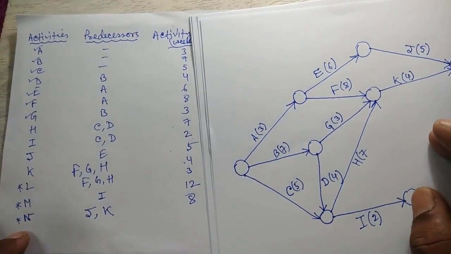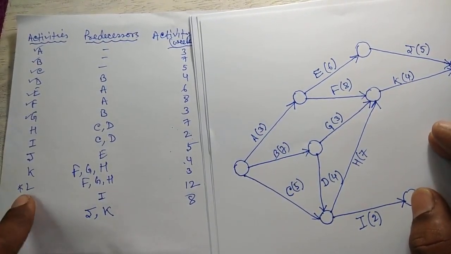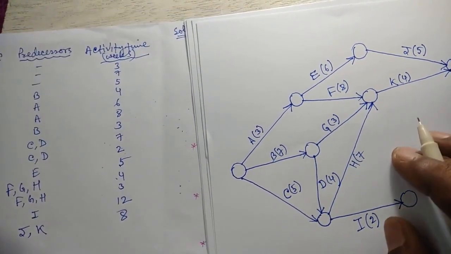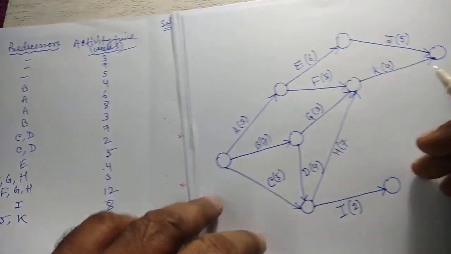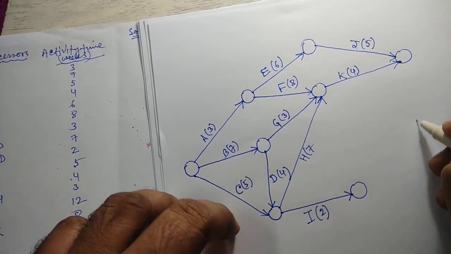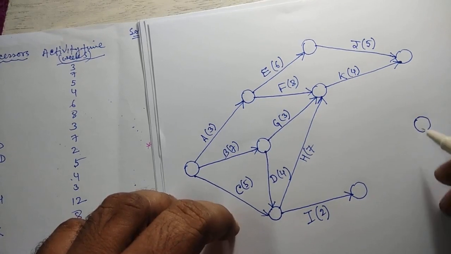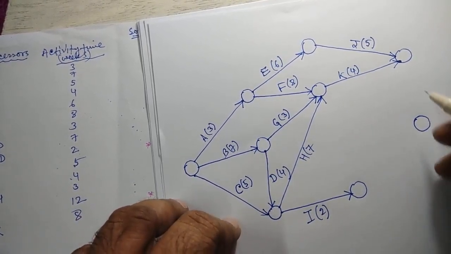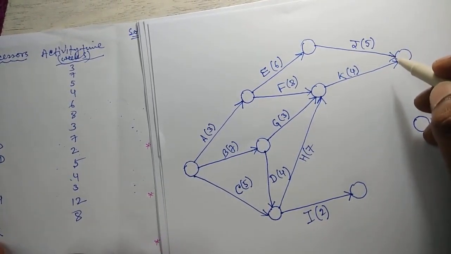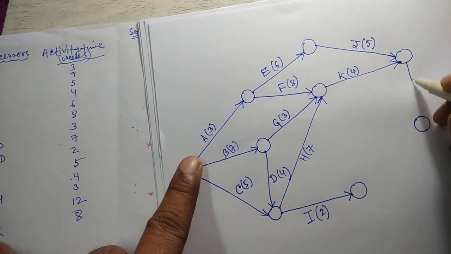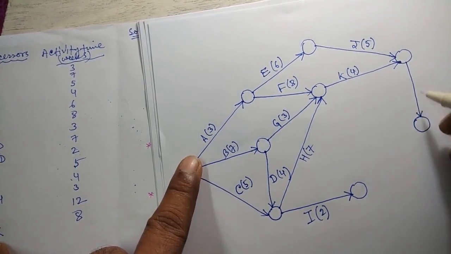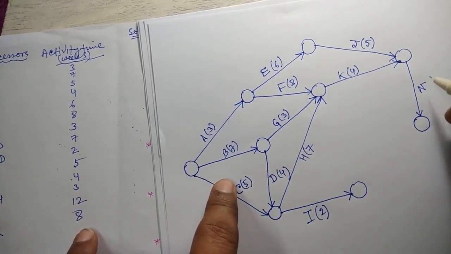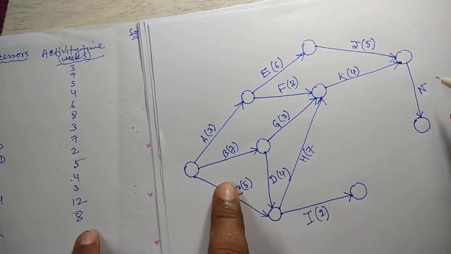Now L, M and N, these activities are ending activities. So this is the ending node, and here L, M and N will meet. Now J and K are the predecessors of N. So from here N will start. N activity, 8 weeks.